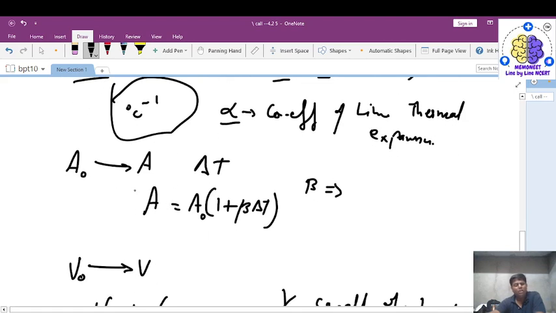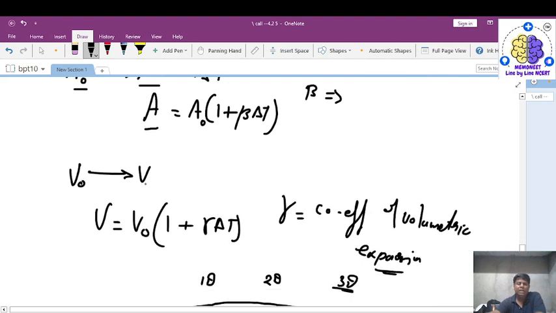Coming to a two-dimensional body, if A naught is the initial area of the body and A is the final area, then A will be equal to A naught into 1 plus beta delta T, where beta is the coefficient of superficial expansion. Similarly, if we have V naught as the initial volume of the body and V as the final volume, then V is equal to V naught into 1 plus gamma delta T. In all three cases, delta T is the change in temperature which has occurred.